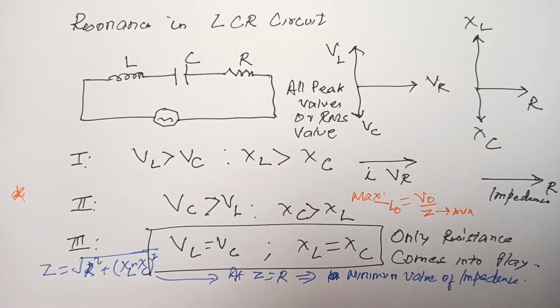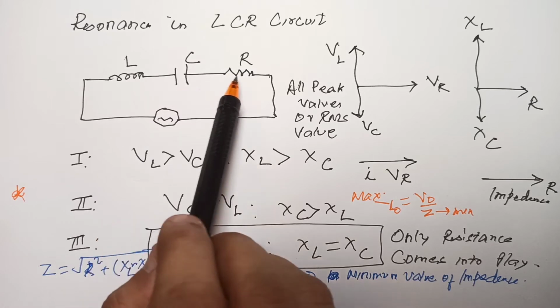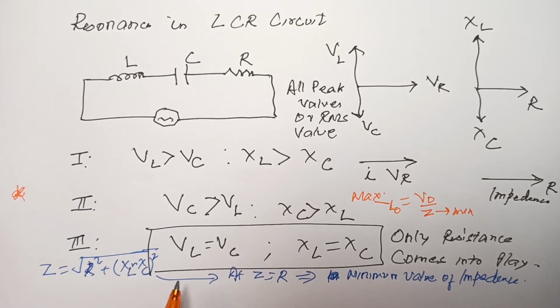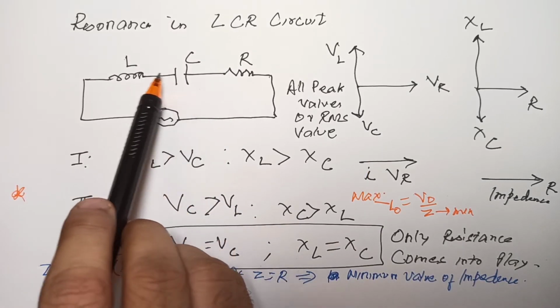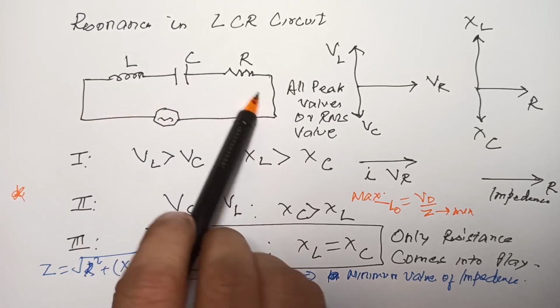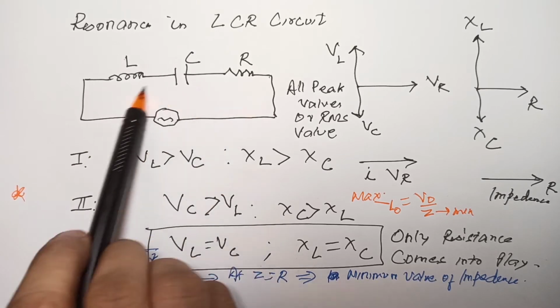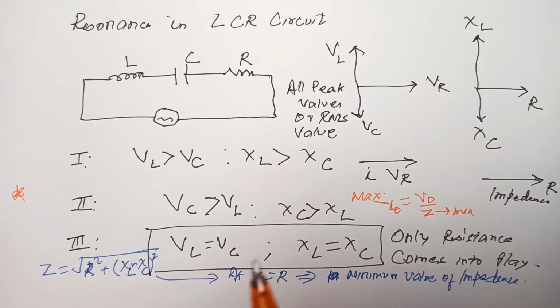In other words, for example, you are tuning an LCR, and the moment VL and VC become equal, or XL becomes equal to XC, all of a sudden the effect of this and this cancels, and this becomes a pure resistive circuit, and the peak current becomes the maximum.